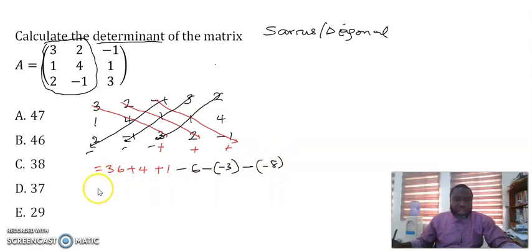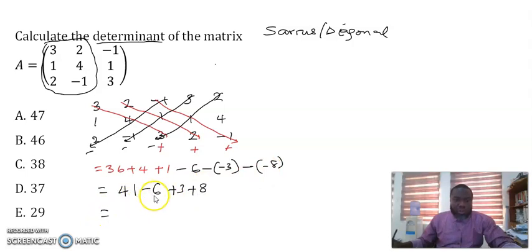So this now is going to give us 36 plus 4, that's 40, plus 1, that is 41. Now 41 minus 6. Now this negative becomes positive, so we have plus 3. Negative again becomes positive, we have plus 8.